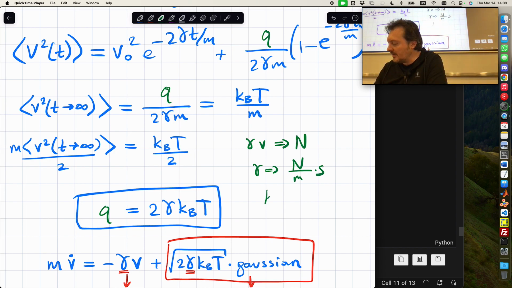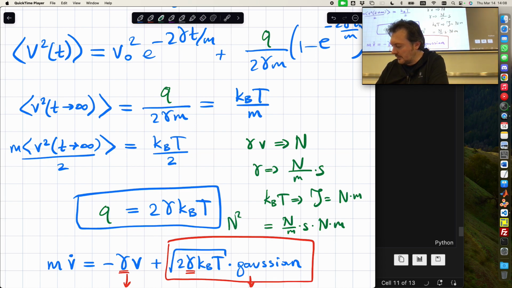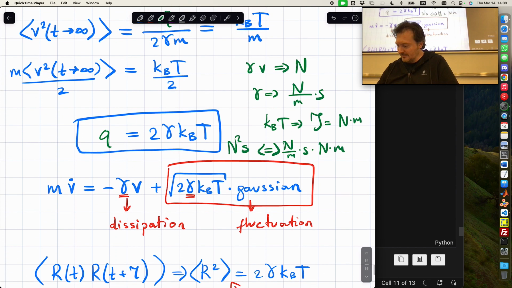What is kBT? kBT is joules, which is Newton times meter. So if you multiply them, Newton over meter times second, times Newton times meter, is Newton squared second, which we wanted to have. Are we happy? Good.